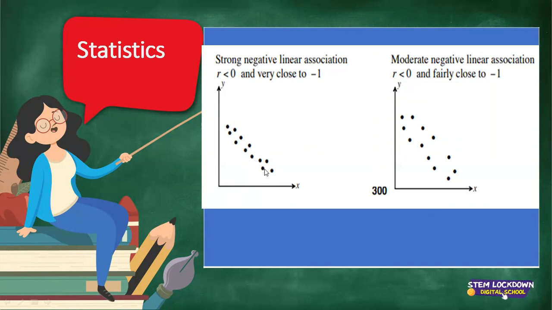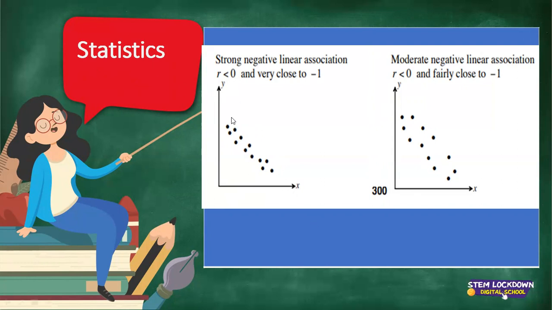Remember, the regression equation is y equals A plus Bx, where A is your intercept on the y-axis, and B is your gradient, your slope. In this case, the value of your B will be negative, because your line of best fit will slope downward. So we're saying therefore that there's a negative linear relationship between the X and Y variable.